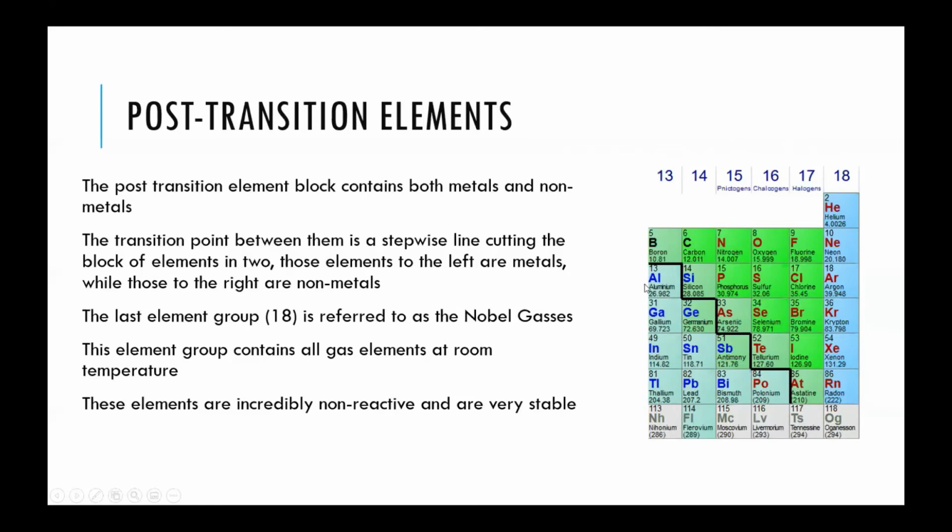The lower left are all metallic elements, and the upper right are all non-metal elements. Those that straddle this line are many times referred to as metalloids. They can have properties similar to either a metal or a non-metal.